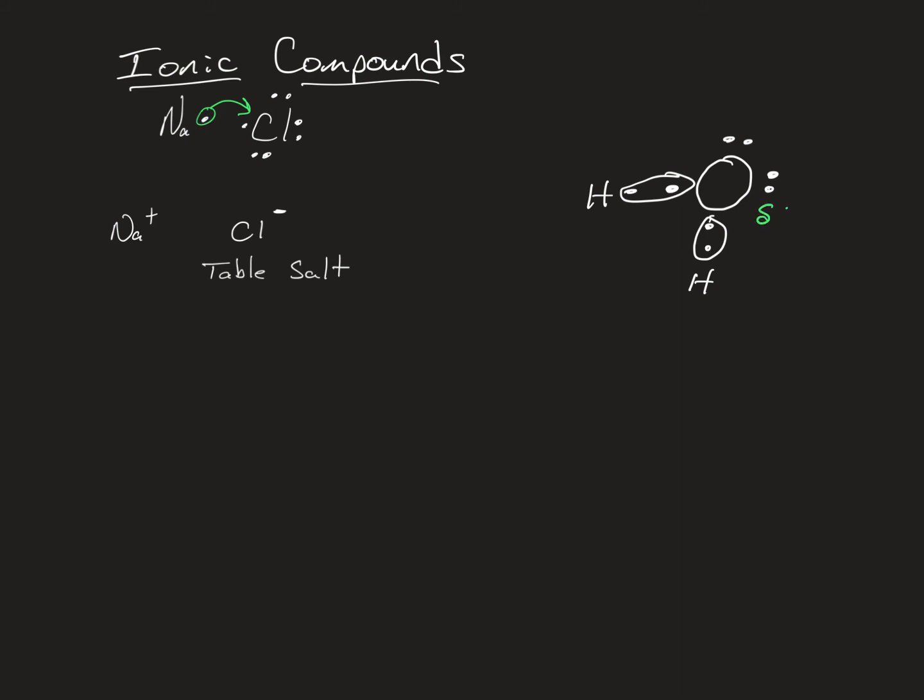So oxygen has a partial negative charge, and hydrogen has a partial positive charge. Because of that, these are called polar bonds, and this is a polar molecule. What that means is that there are 2 sides, a positive and a negative, like the north and south pole, or the plus and minus side of a magnet.